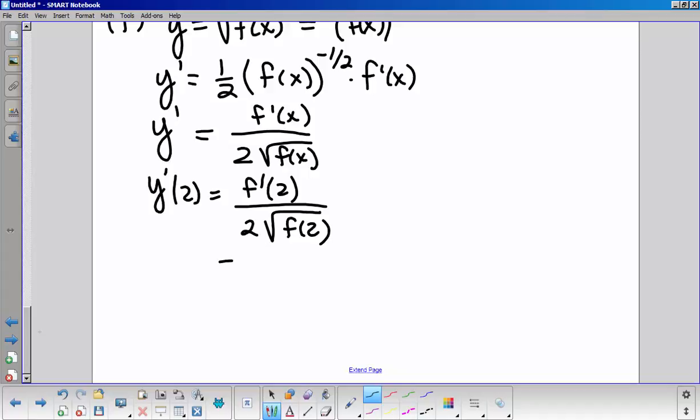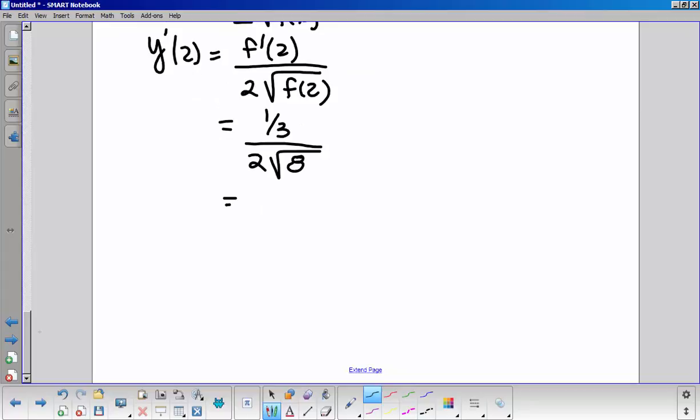So we say that this is 1/3 over 2 times the square root of, well, what is f of 2? 8. So this is 1/3 over, this is 2 times 2 root 2, right?